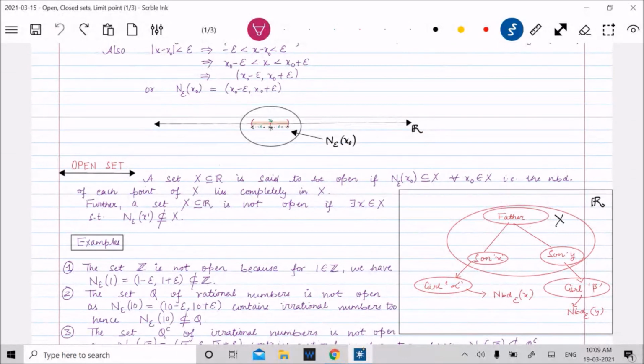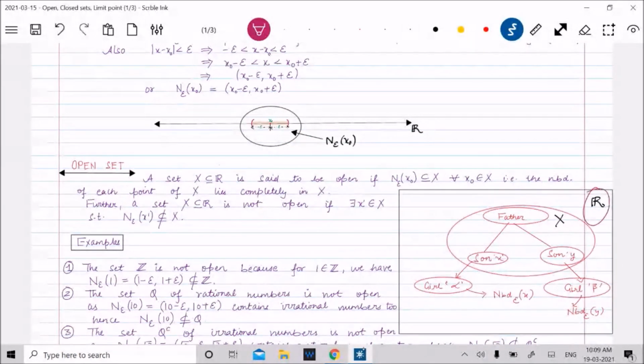If the father has some friend, and that friend is accepted by the 2 sons, then we'll say that the neighborhood of the father is also absorbed by the set X. In that case, for each member of the family, their neighborhoods always belong to the set capital X, and then you can say that the set capital X is an open set.